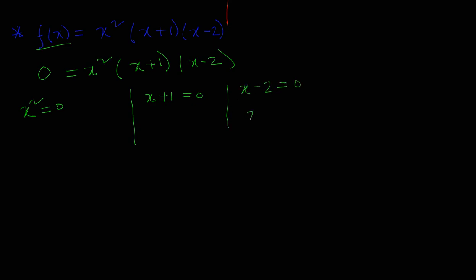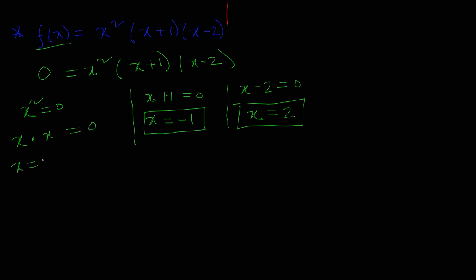From that I can write x equals 2, and from that x equals negative 1, and here for x square I can write x multiplied by x equals 0. So I can write x equals 0 and the other x equals 0.